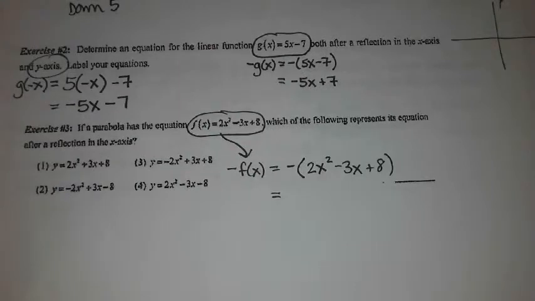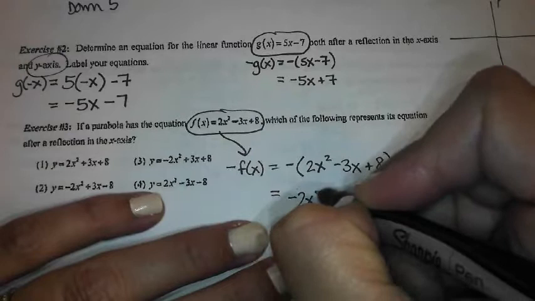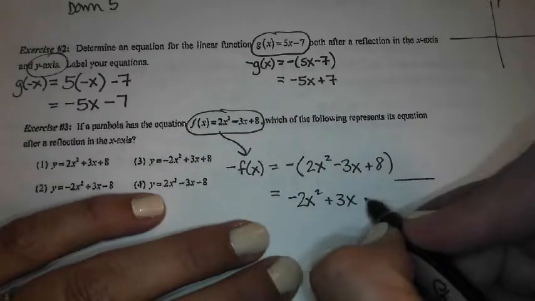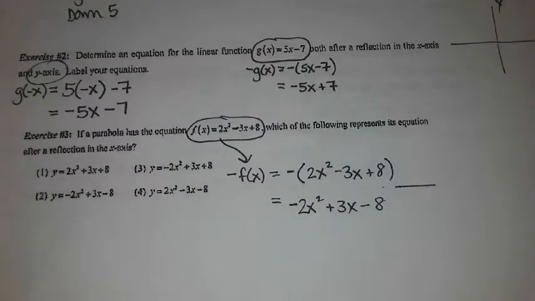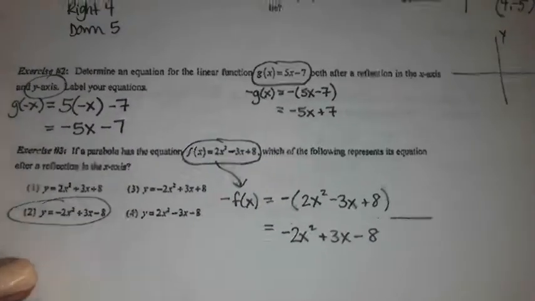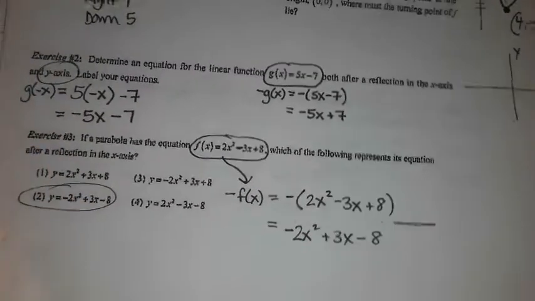You negate a trinomial by distributing the negative through. Negative 2x squared minus negative 3x is plus 3x, and minus positive 8 is minus 8. So the answer is option 2. Good. Make sense? Maybe, hopefully.